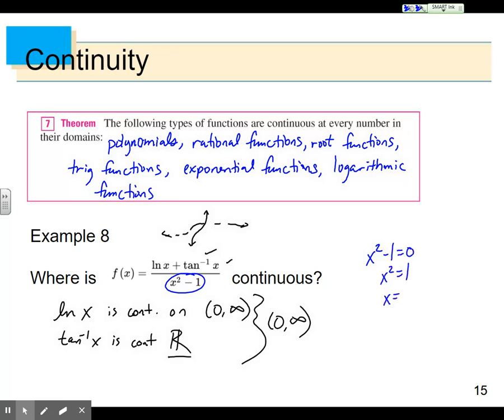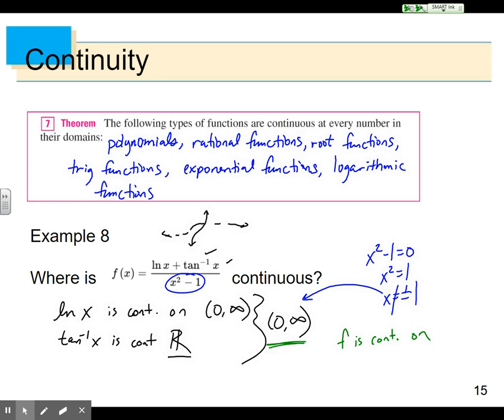So if I add 1 to both sides and then take the square root, I know I don't want x to equal positive or negative 1. So if I mix this with what I had from my numerator right here, I should get where this is continuous. Okay, so f is continuous on the following interval. Let's see, negative 1 is not even in this, so I don't have to worry about negative 1 at all.